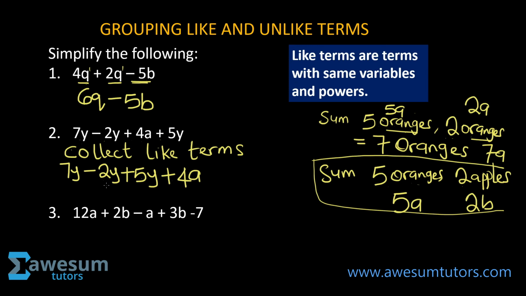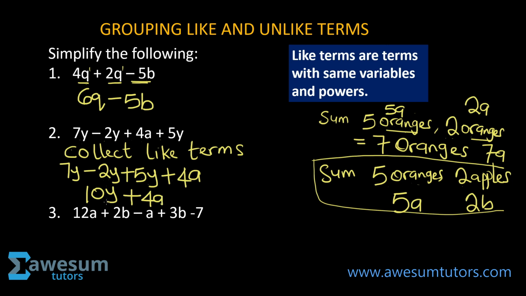So the 5y that we got now plus this 5y would give us 10y. Now what is this? This is plus 4a. Then we'll bring down plus 4a.